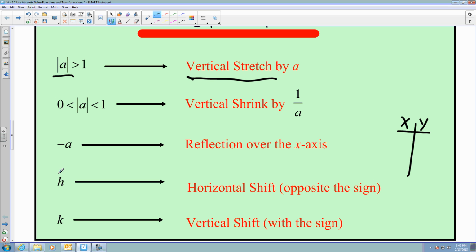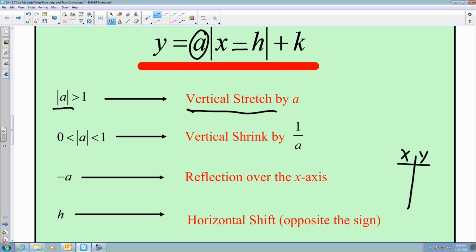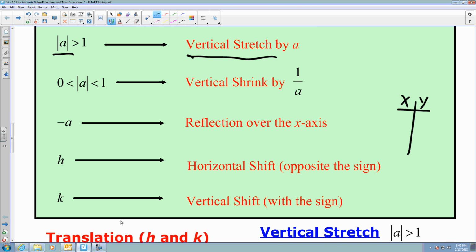H shows us our horizontal shift change, and K is our vertical shift change. Here's one thing to keep in mind: since it's got a negative value inside of our general formula, a good key of thought is always go to the opposite side.